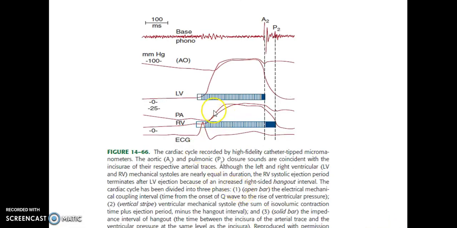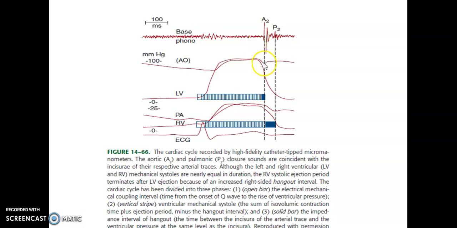See, this is the pressure tracing of the LV. Though the LV pressure decreases, the aortic pressure doesn't decrease suddenly. There is a time lag for decrease in aortic pressure after the LV pressure declines.